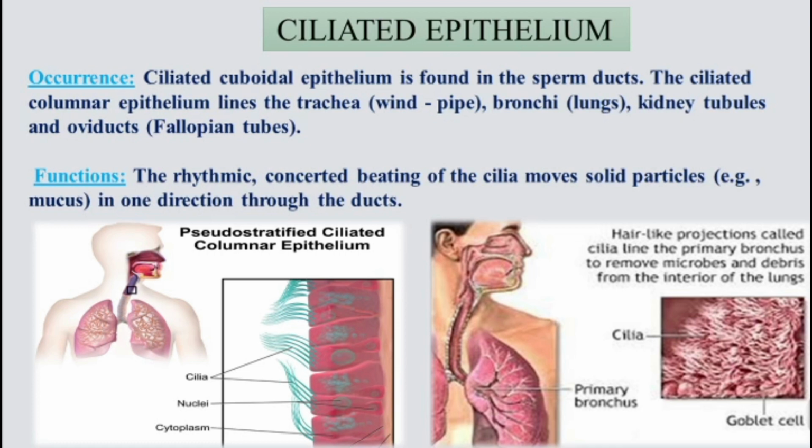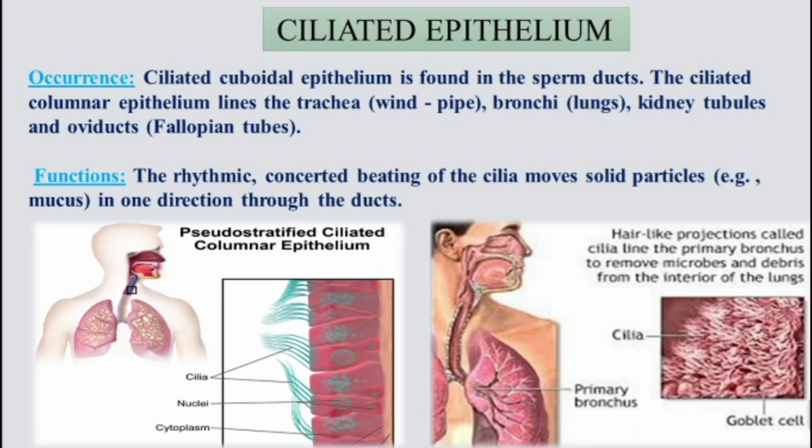The ciliated columnar epithelium lines the trachea, windpipe, bronchi in the lungs, kidney tubules, and oviducts, the fallopian tubes in females.